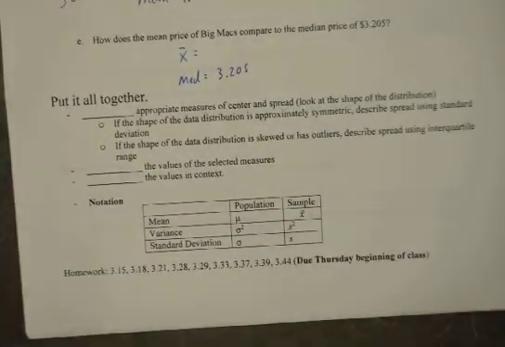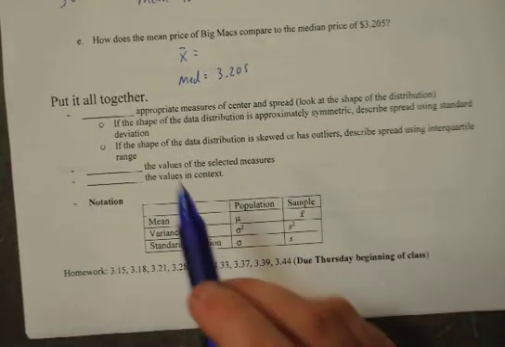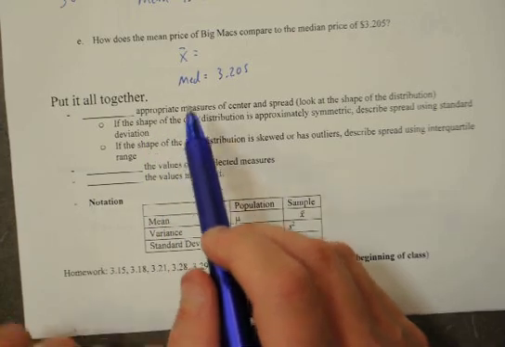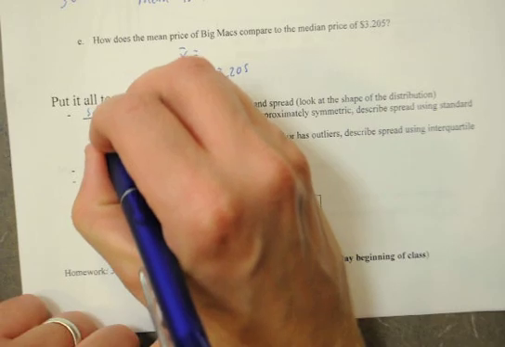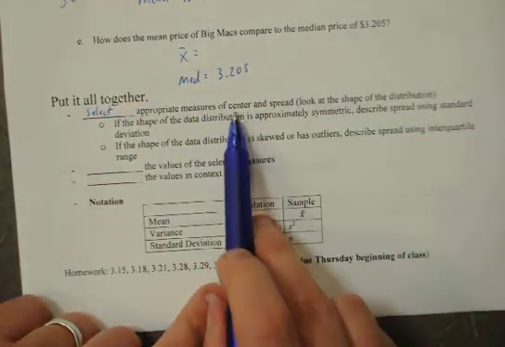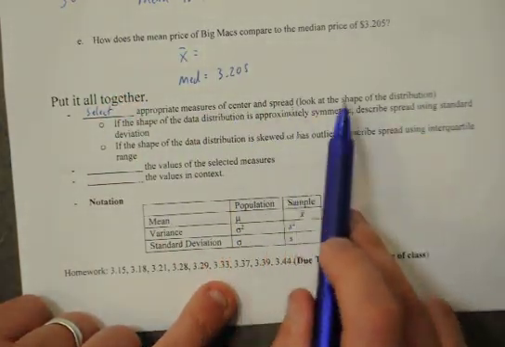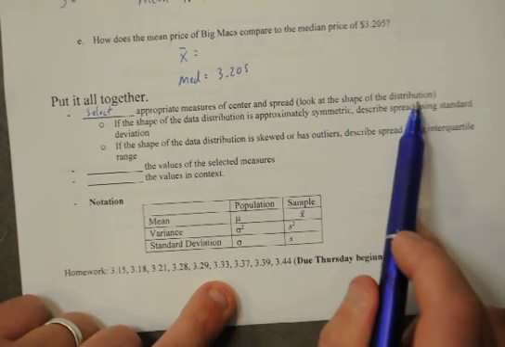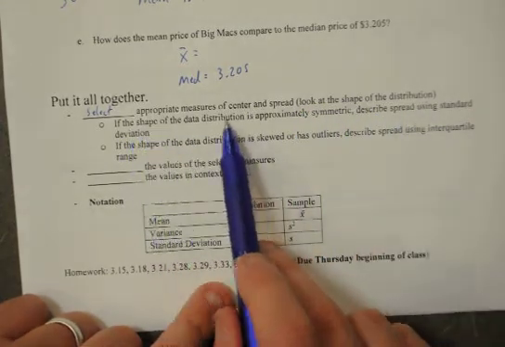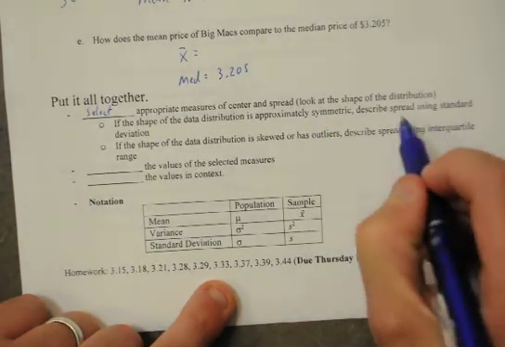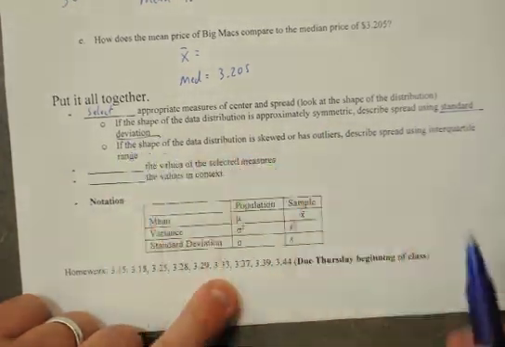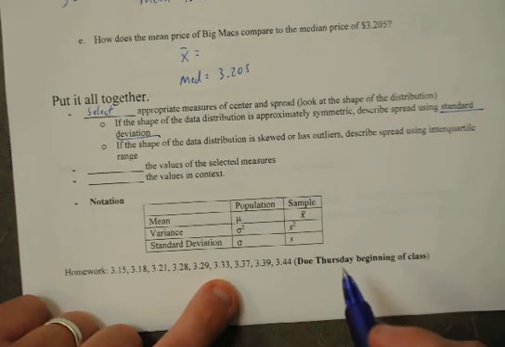All right, put it all together. Here we go. We want to select appropriate measures of center and spread. So you need to look at the shape of the distribution. If the distribution is symmetric, then you use standard deviation for the spread.